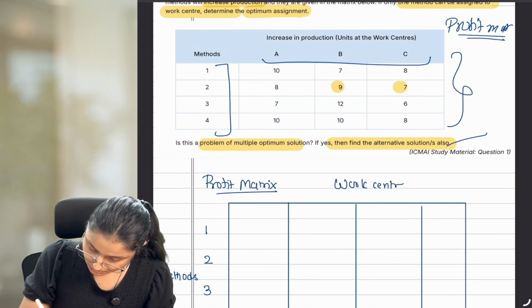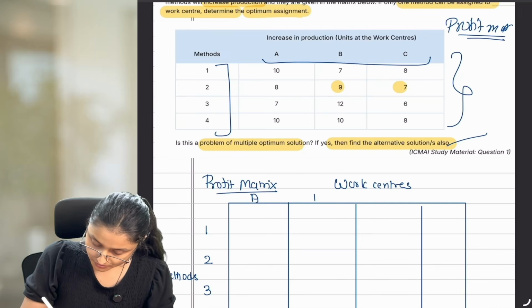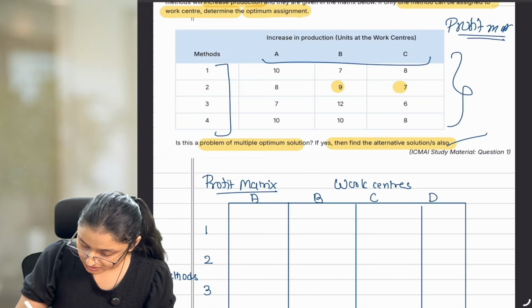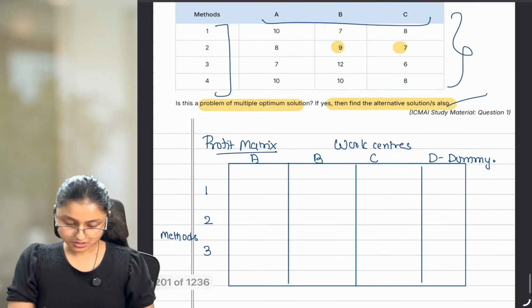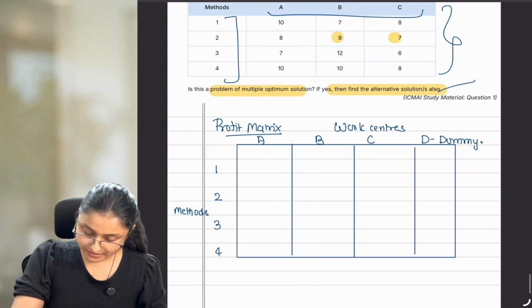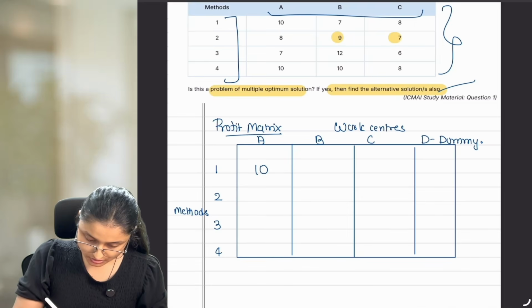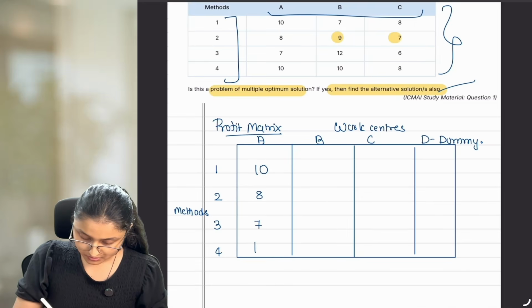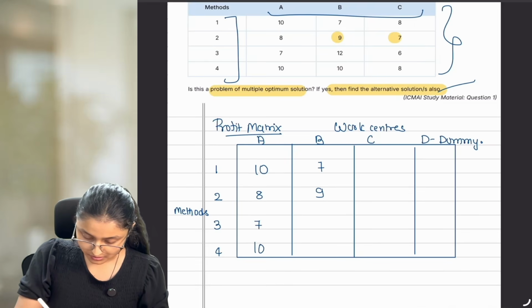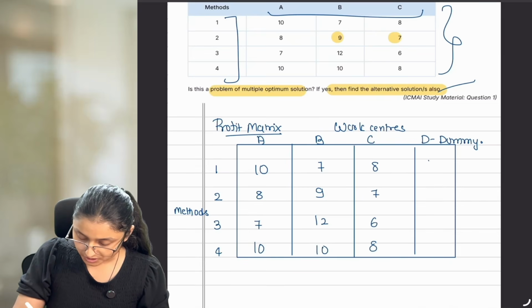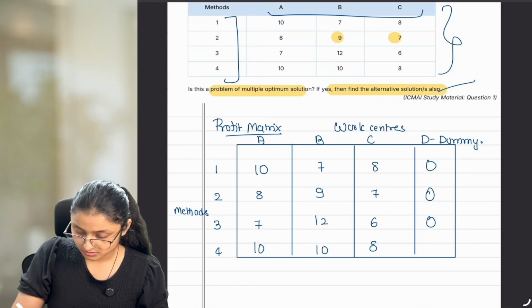We have A, B, C as work centers, but we have to add one more, which is dummy. Okay? Now, write the profit again as given in the question: 10, 8, 7, 10, 7, 9, 12, 10, 8, 7, 6, 8, and for dummy, I'll write zeros.